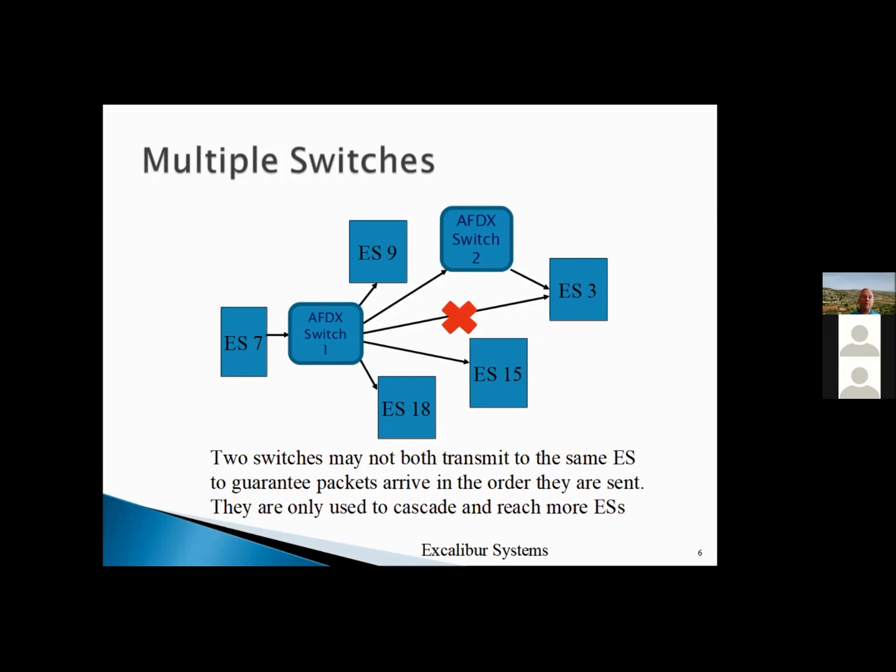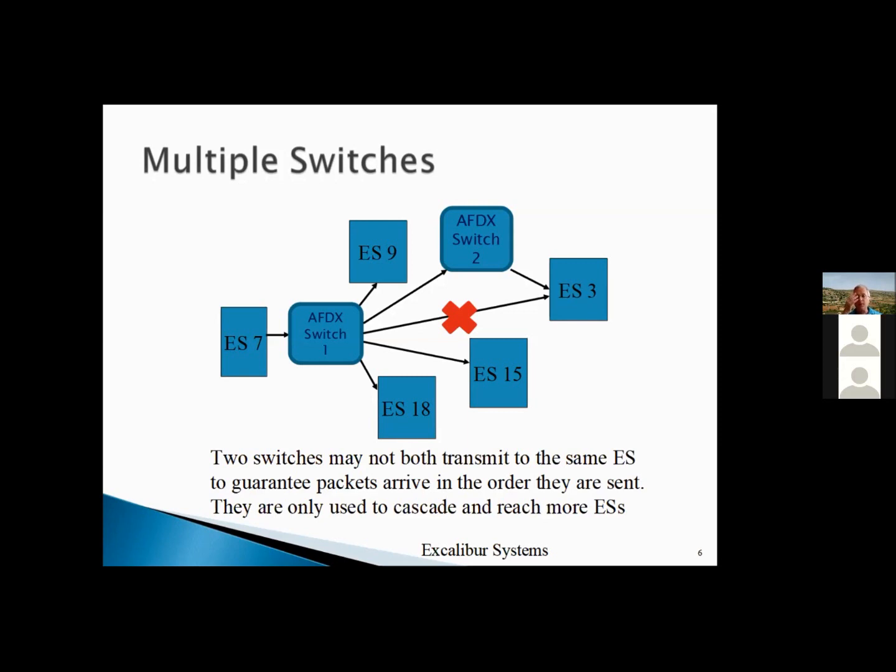So here is an example where end systems 7, 9, and 18, and 15, actually everybody, all of the end systems are connected to switch 1. Now I put in the switch 2 on the top there. And switch 2 is only connected to end system 3 and switch 1.